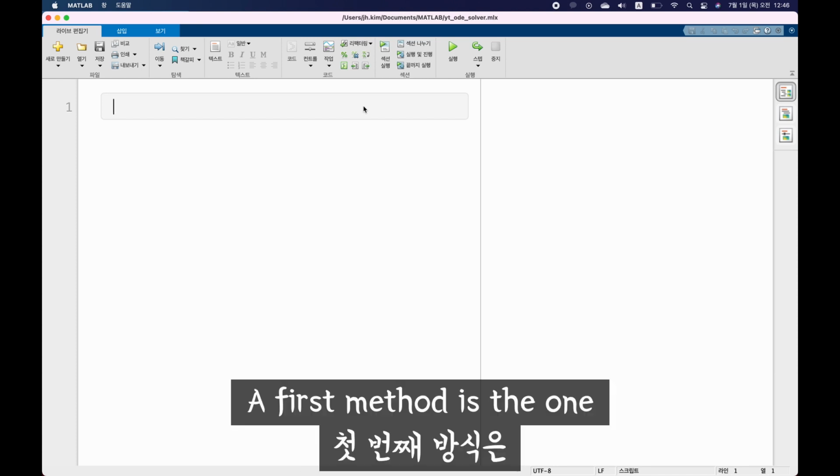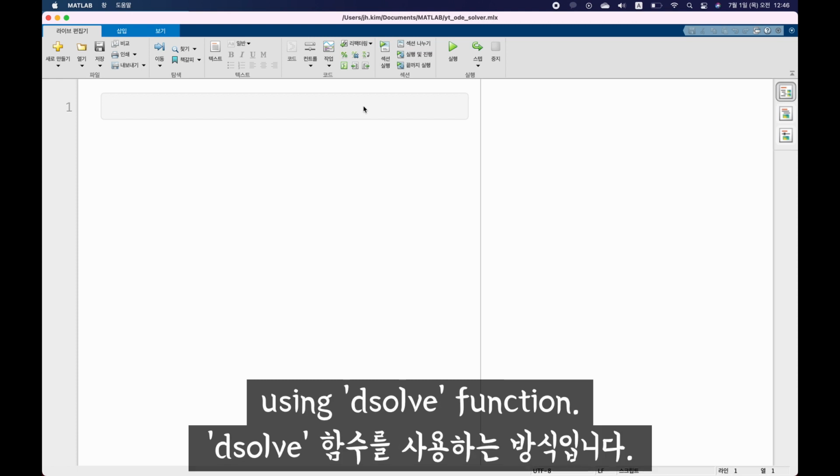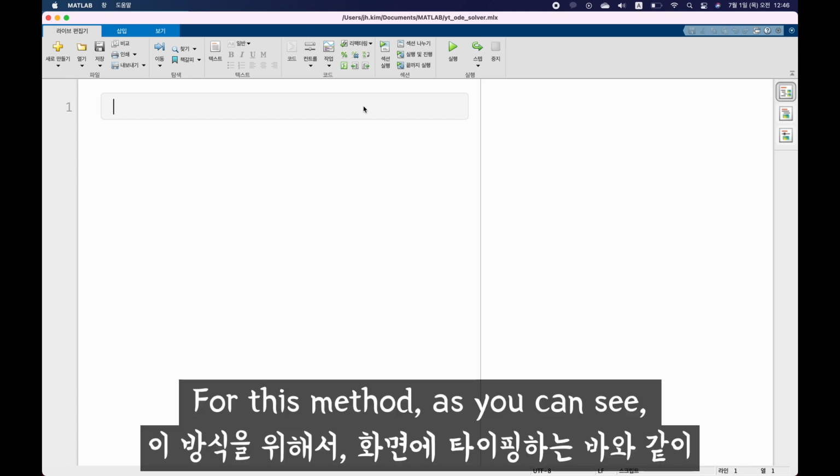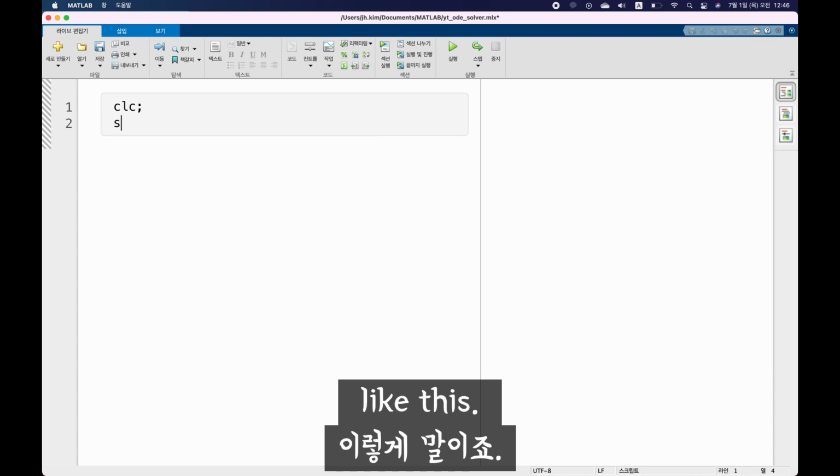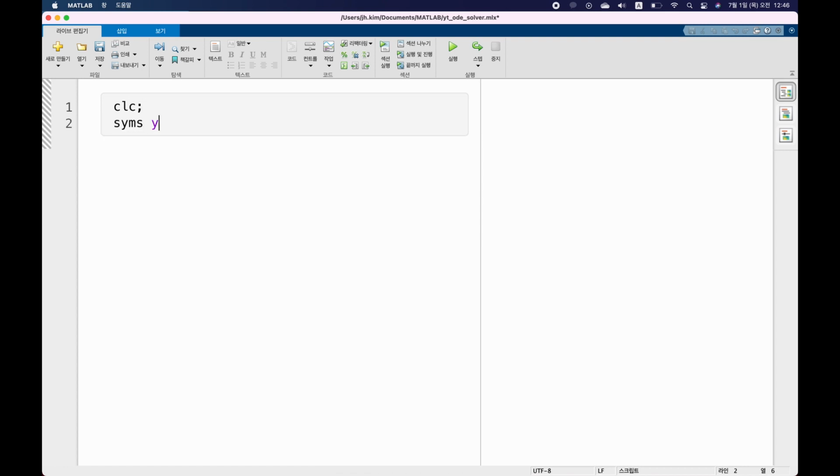The first method is the one using the dsolve function. For this method, as you can see, you should declare y(t) and t using syms, like this: syms y(t) t. So here, clear.